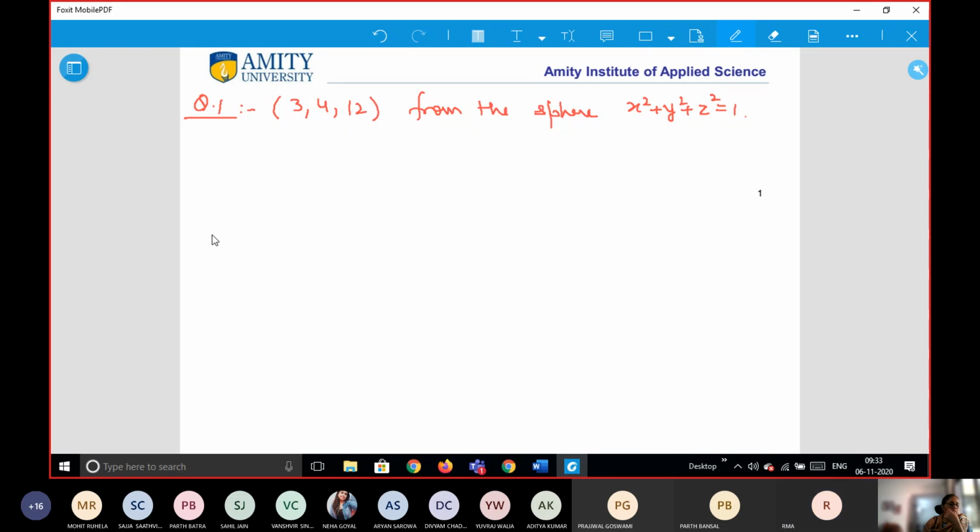Will you solve this using RST or is there any other method needed? Lagrange method. Yes. Why Lagrange? Because the point that you are looking for should be on the sphere. Is that okay?